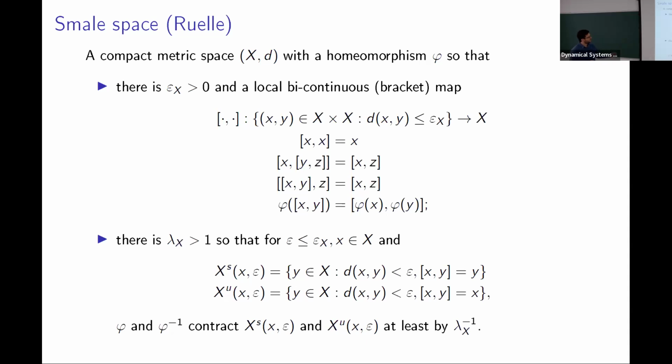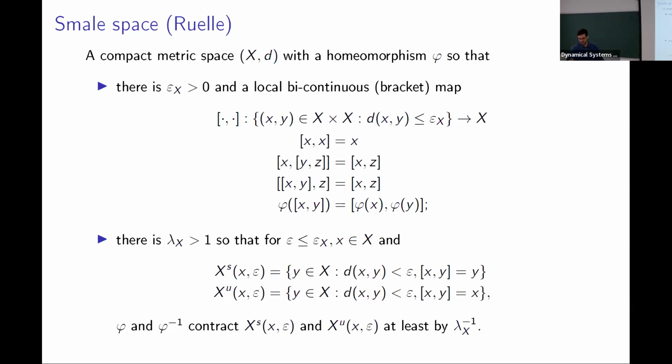And the bracket is: you take any points x and y which are sufficiently close, so this is a uniform constant, and then you can create another point, the bracket of x and y. I have a picture later on to show you what I mean by that. In here you have some associativity of the bracket, how you can take brackets, and compatibility with the dynamics if x and y are close enough. Okay, so in Smale spaces things work nicely if you're close enough.